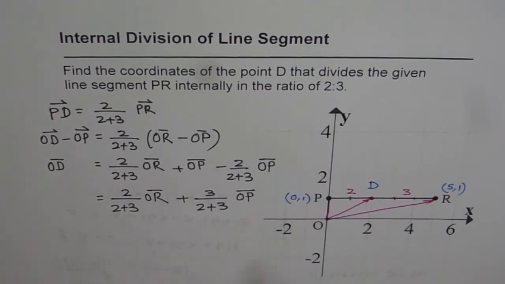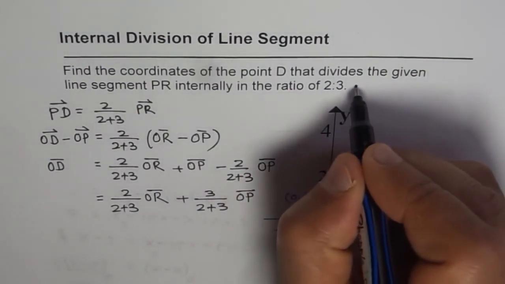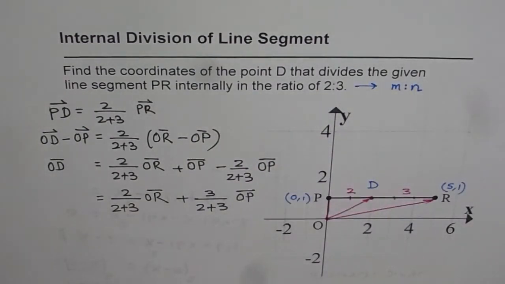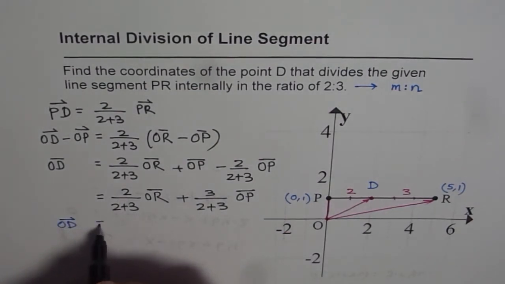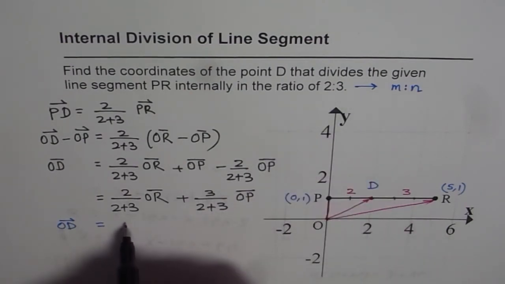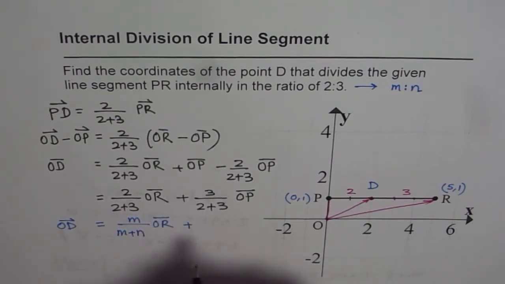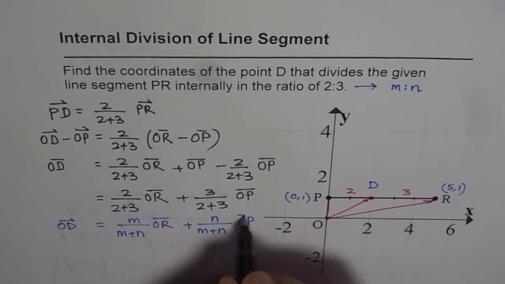So in general, if I would have had this question in the ratio of, instead of 2 to 3, if I replace this with m is to n, in that case I can generalize my formula, right? I can get OD equals, 2 is m for me, so it is m over m plus n OR plus, 3 is n, so n over m plus n OP.